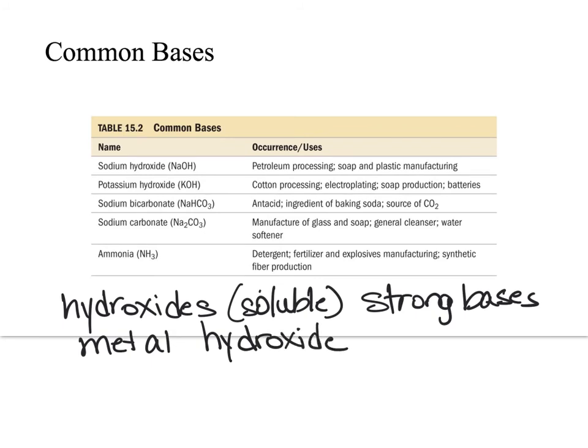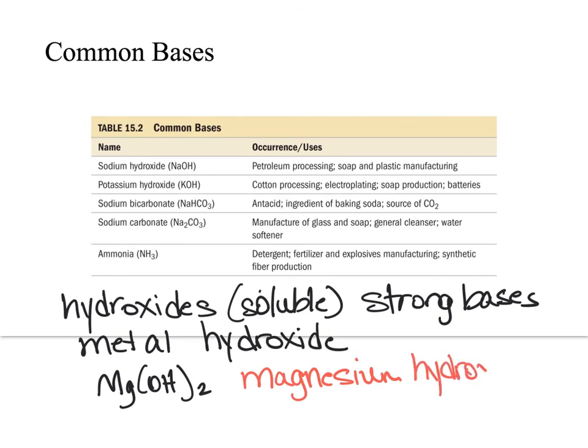So you see something like Mg(OH)2 as magnesium hydroxide. Otherwise, the other bases shown here are all weak bases: sodium bicarbonate, sodium carbonate, and ammonia. You will see a lot of weak bases that have nitrogen as a primary component, especially when we're talking about organic bases.